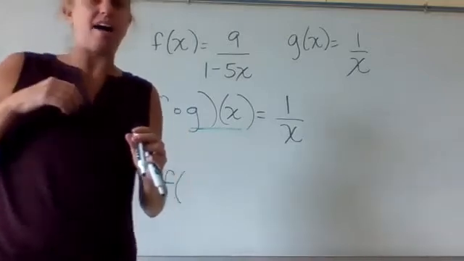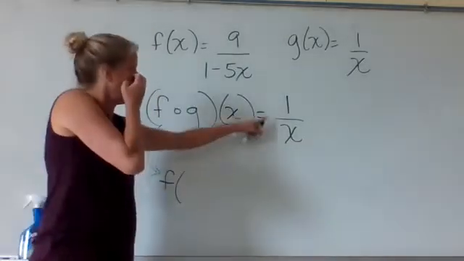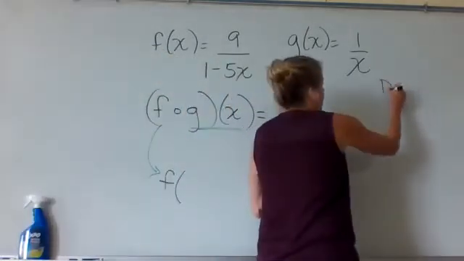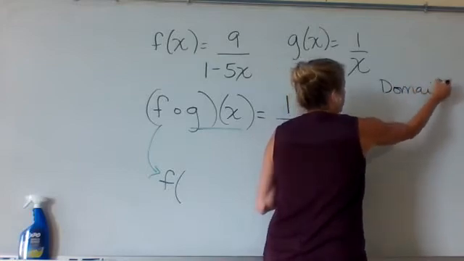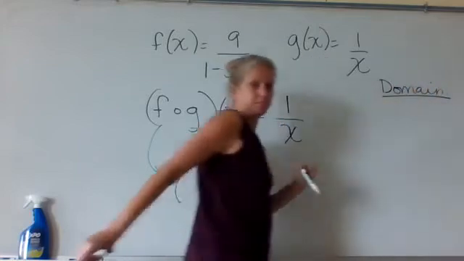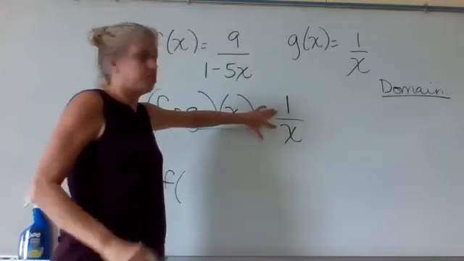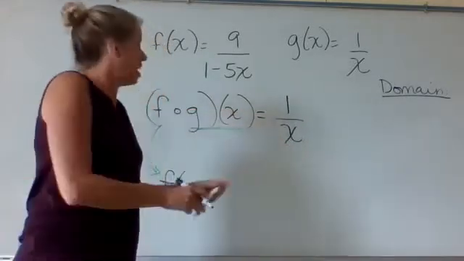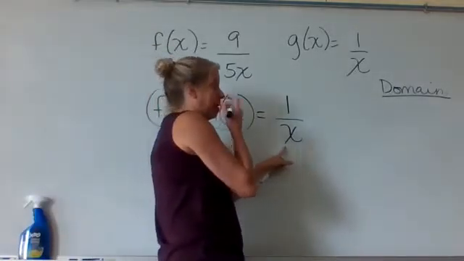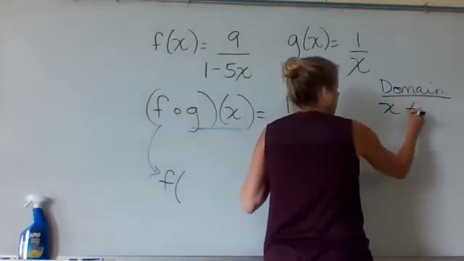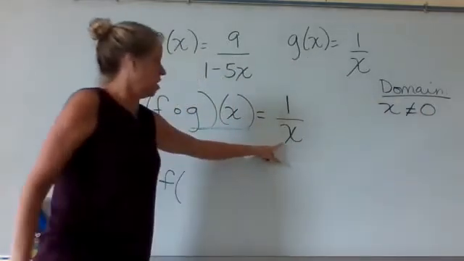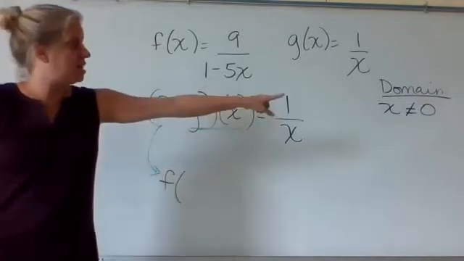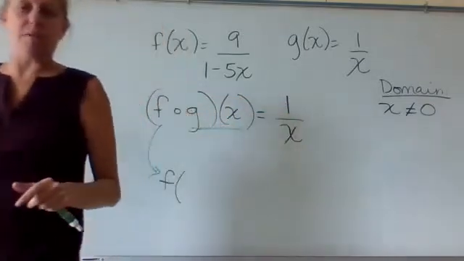The first spot I have to look at for restrictions is right here. So I'm just going to write this over here to remind myself that I do have a restriction here because I have an x in the denominator. So if the denominator can't equal 0, that means x cannot equal 0, right? I'm going to keep that in mind for when I'm doing my domain part.